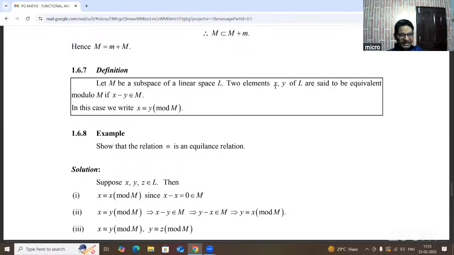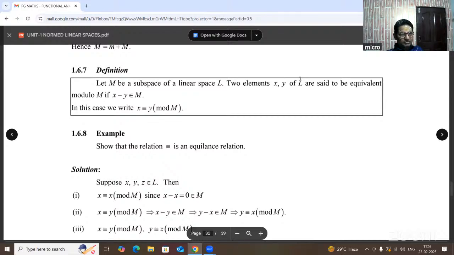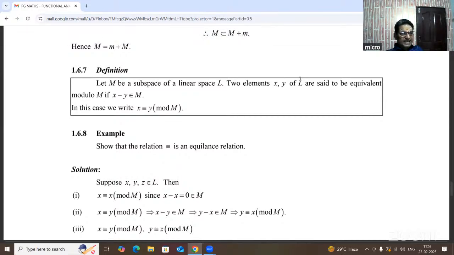Suppose we are taking x and y belonging to L, because M is a subspace of the linear space. What is the condition for being equivalent modulo M?